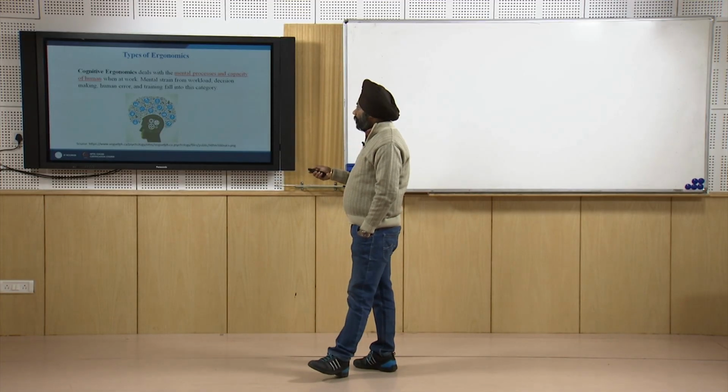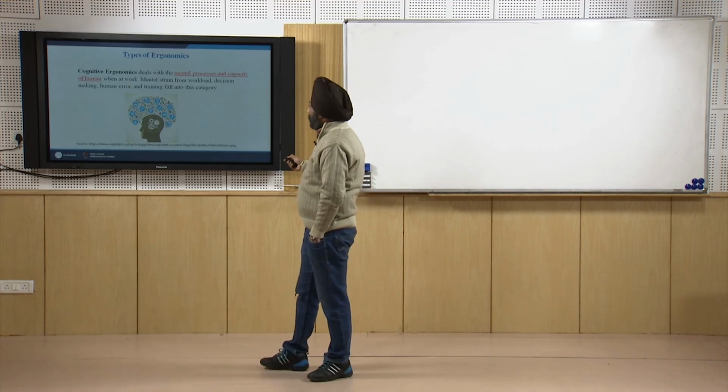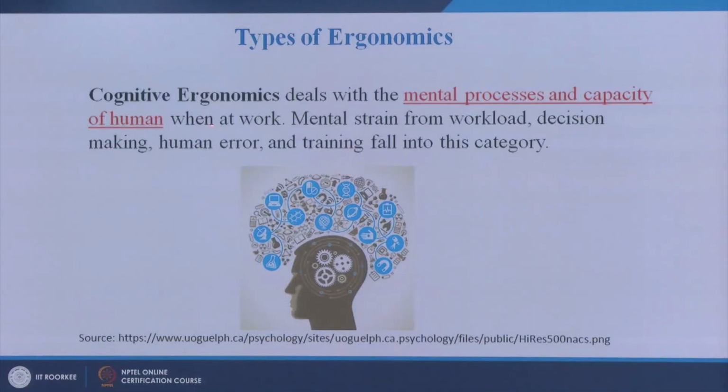Second is cognitive ergonomics, which deals with the mental processes and capabilities of humans when at work. Mental strain from workload, decision making, human error and training fall into this category.